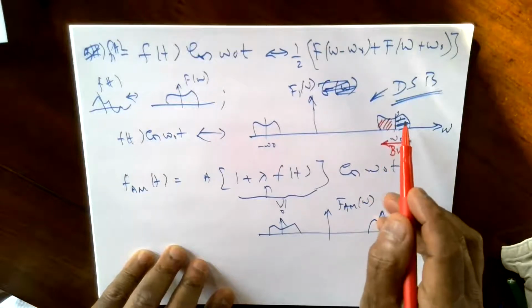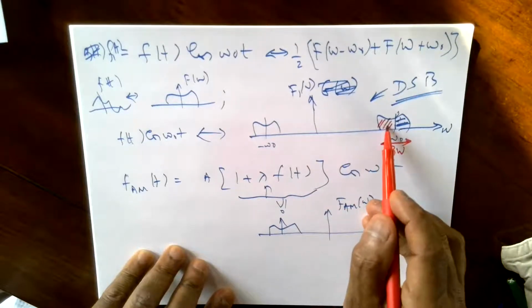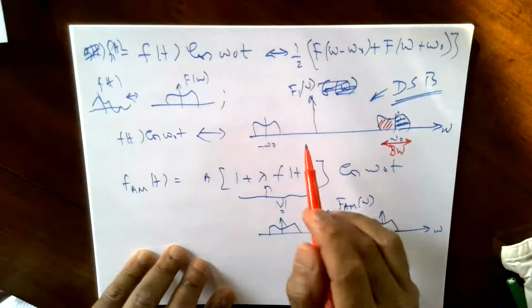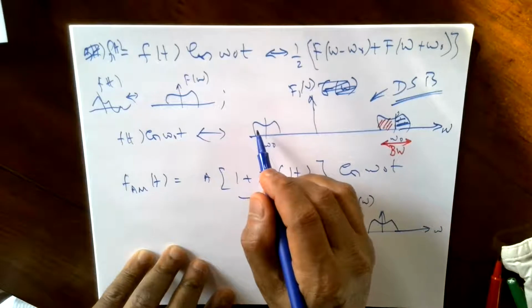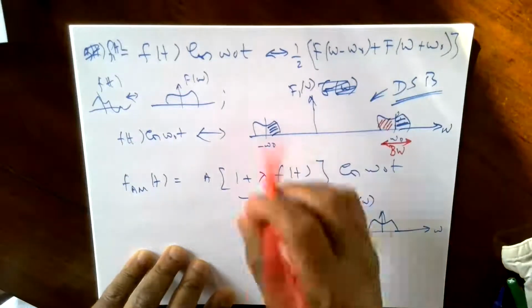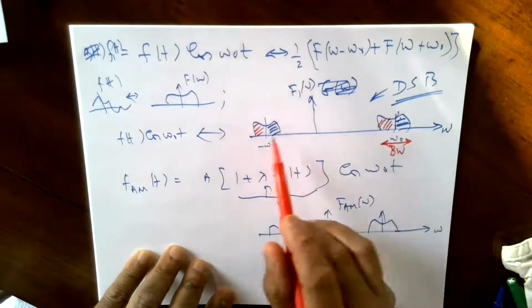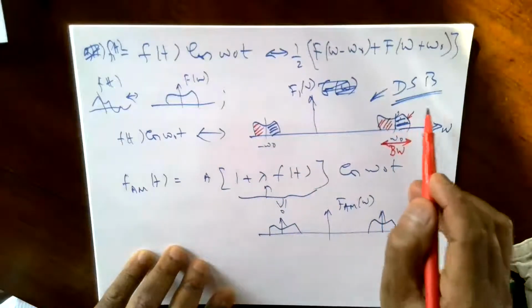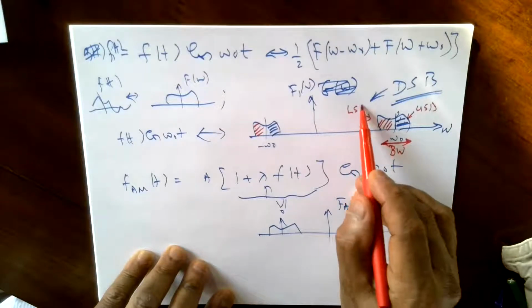So conceivably we can save some bandwidth here by getting rid of either the lower band, which is in red here, or the upper band. When you shift it, this will become blue, and this will become red. So either you can keep the blue region, which is beyond ω0, we call this the upper sideband, or the lower region, lower sideband.